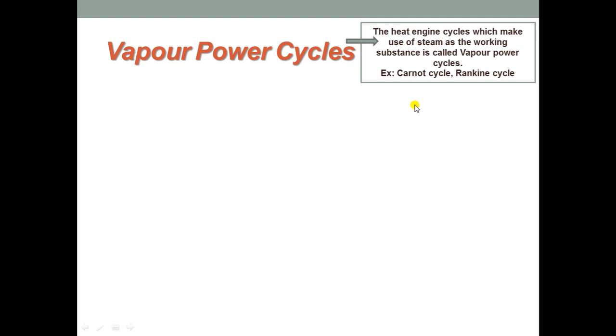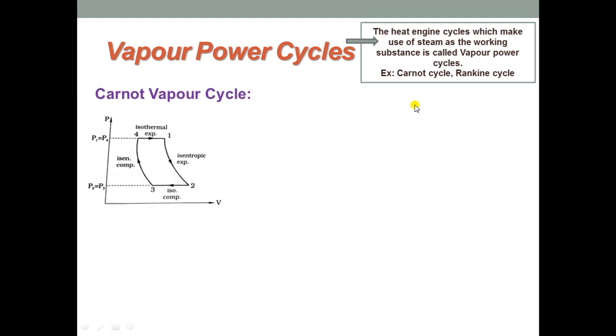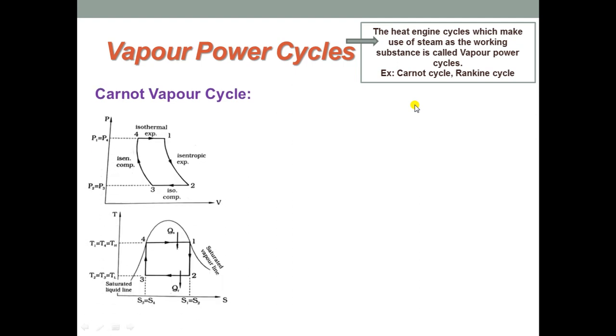In the present session, we deal with the fundamentals of the Carnot vapor power cycle. We make use of a PV and TS diagram to describe the Carnot vapor power cycle.